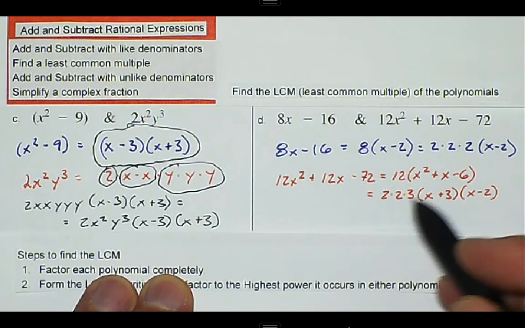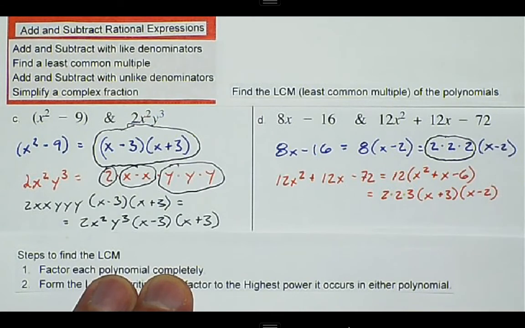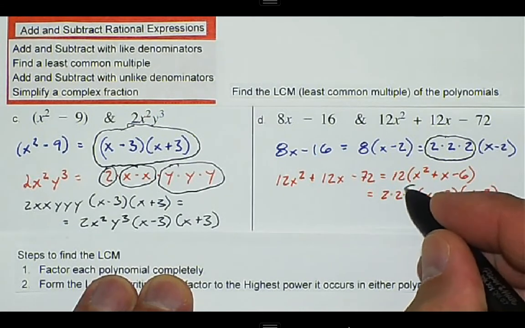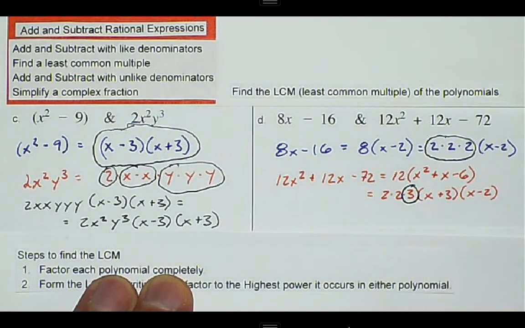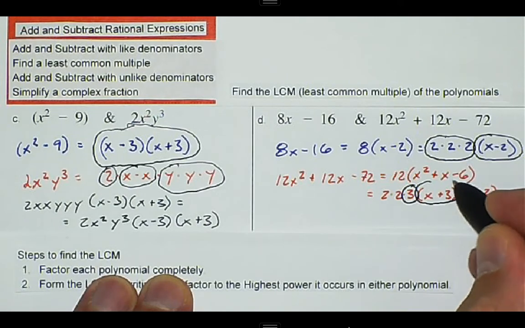This one only happens twice, so we want the higher number of times it occurs. This one has one 3. This one doesn't have any 3s. So if this one happens once, we're going to use that one. We have an x minus 2 and an x minus 2. That happens in each of them. So the highest power in this case is 1, but we just need one of them. And then we have an x plus 3 for this other polynomial.